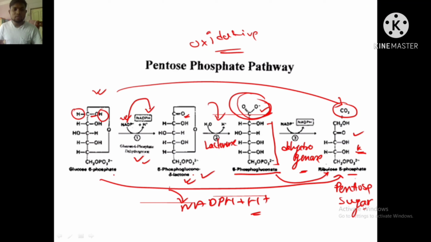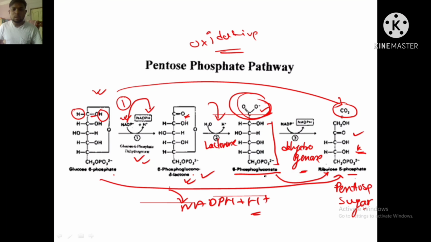So the overall reaction is glucose 6-phosphate will be converted into 6-phosphoglucono delta lactone by the help of enzyme dehydrogenase, which will take 2 molecules of hydrogen from this carbon and give rise to C double bond O bond. That molecule name is 6-phosphoglucono delta lactone. So one molecule of NADPH we are getting here and C double bond O bond will be converted into carboxylic bond.